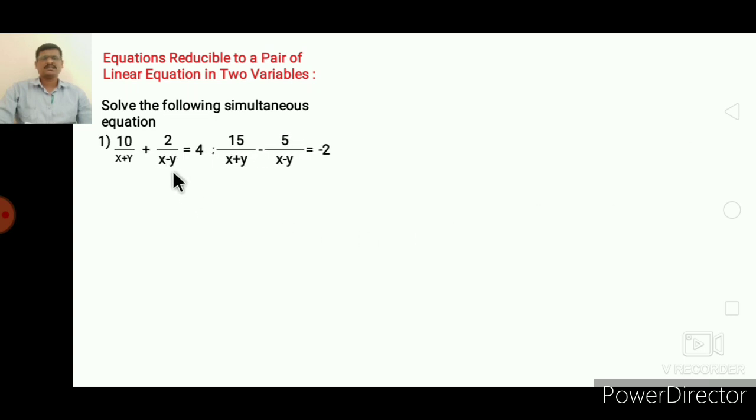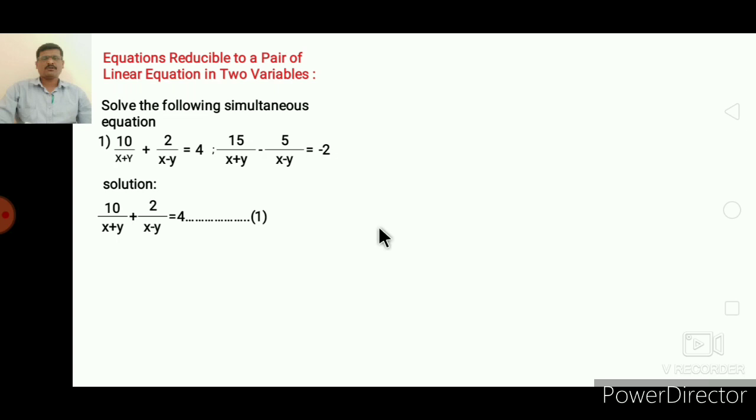First equation is 10 upon x plus y plus 2 upon x minus y is equal to 4. 15 upon x plus y minus 5 upon x minus y is equal to minus 2. First step is numbering the given equations.